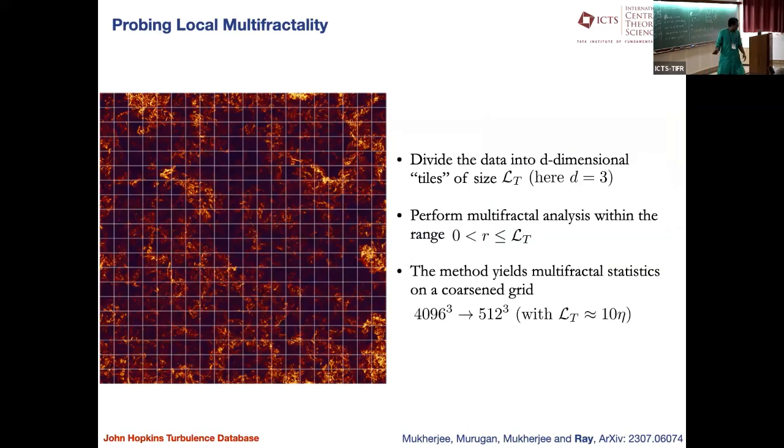All right, so very quickly, what we do is we take, for example, the Johns Hopkins database. We looked at a wide range of Reynolds numbers, and we tile our flow. So essentially, we construct these little tiles, and within each of these tiles, that will be our world, and we'll construct the generalized dimensions, the singularity spectrum, and then we'll see what happens when I go from tile to tile.